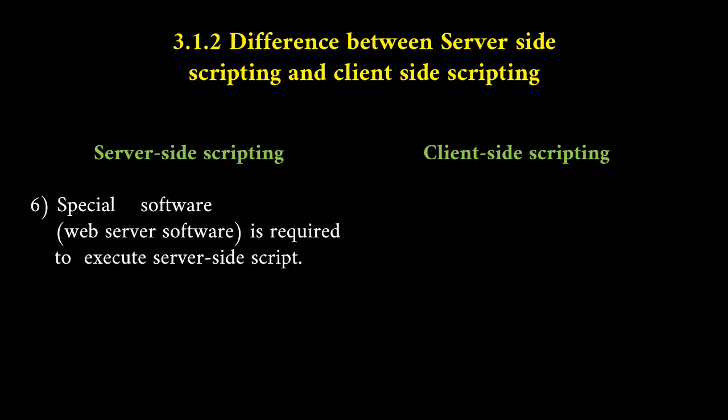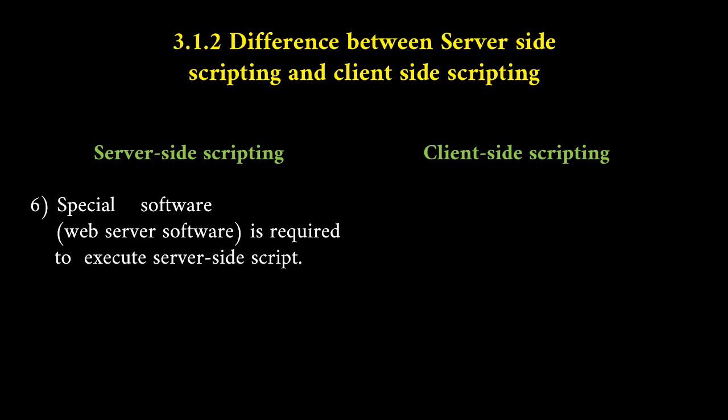Next, a different server side scripting requirement: special software, that is the web server software, is required to execute server side script. Whenever you are going to write any program, it requires special software, for example VB.NET, Visual Studio, C#, C++.